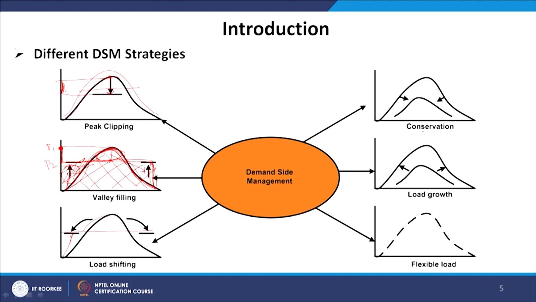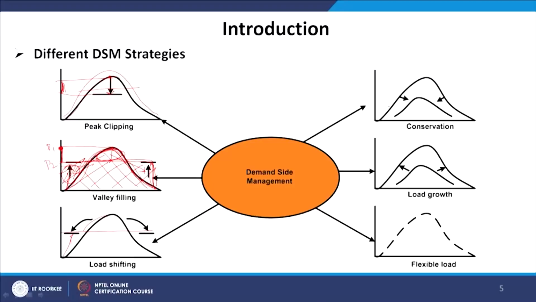Conservation is what is being adopted in most of the developing countries, where especially farmers and consumers are advised to use less electricity. But this is not a time where customers must be restricted from freely using their devices as and when they wish. There should be no restriction on electricity consumption, but the peak should be protected.